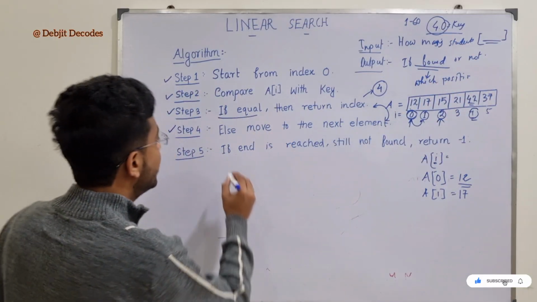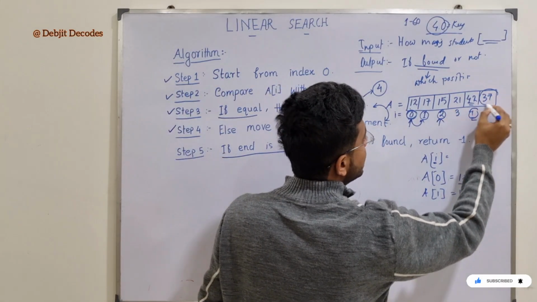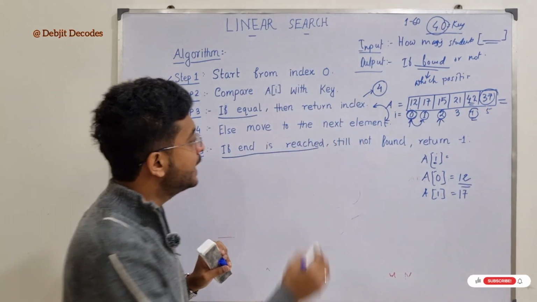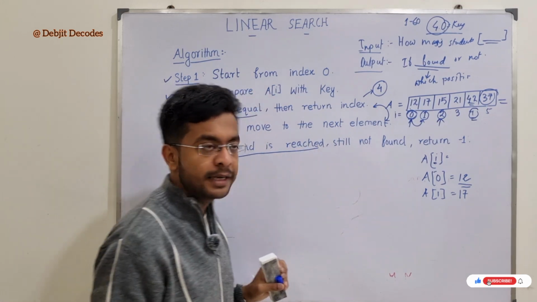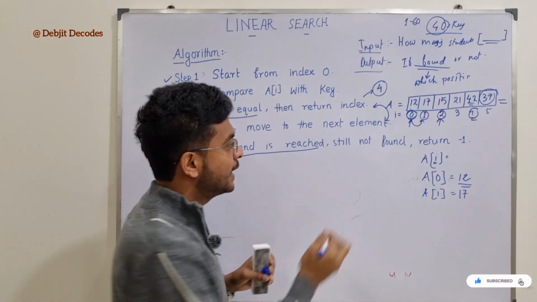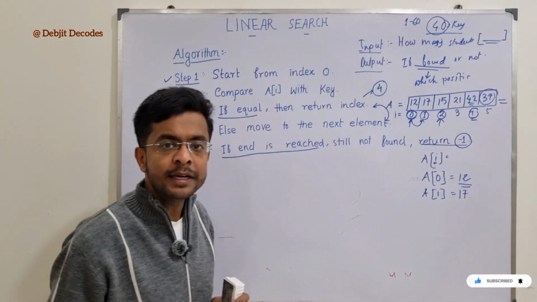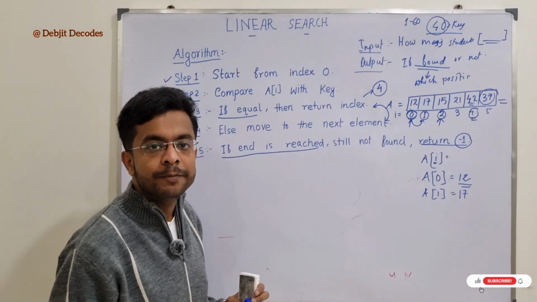So in that case, if the end is reached, that is, there is no more element to check, and 40 is still not in this array, we would have returned -1. So what is this -1 signifying? -1 is simply signifying that the element is not found.